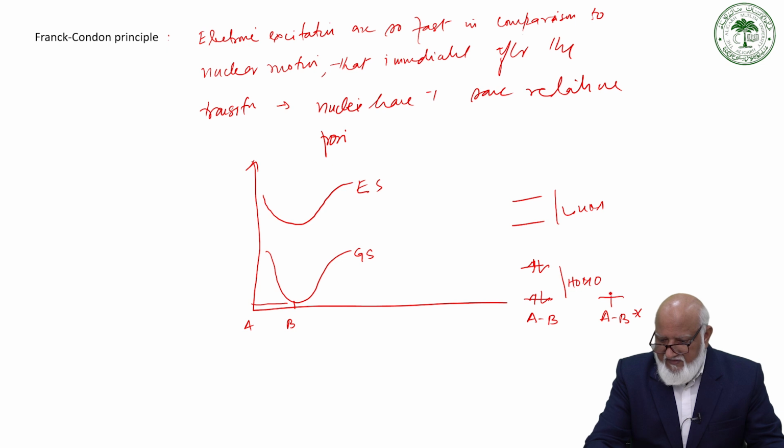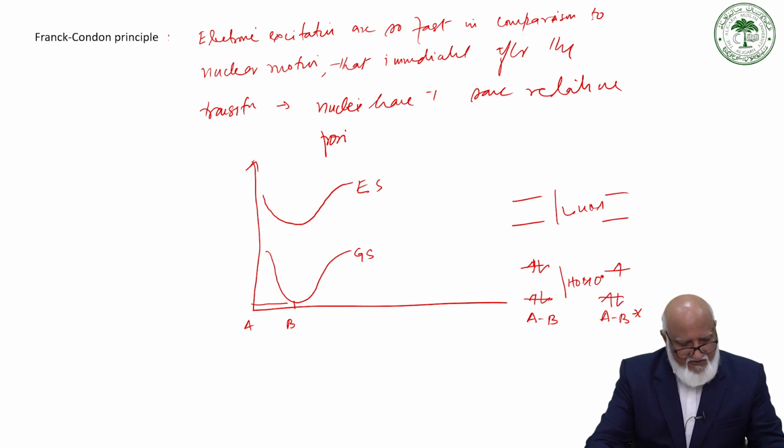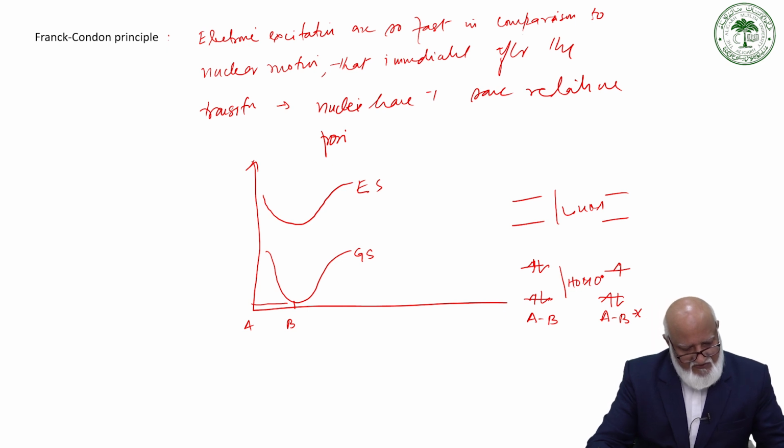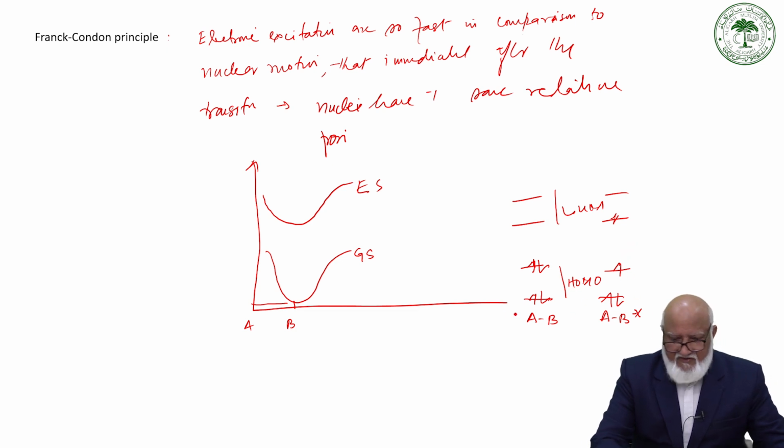In the excited state, we can have an electron going up. So this is how excitation occurs.